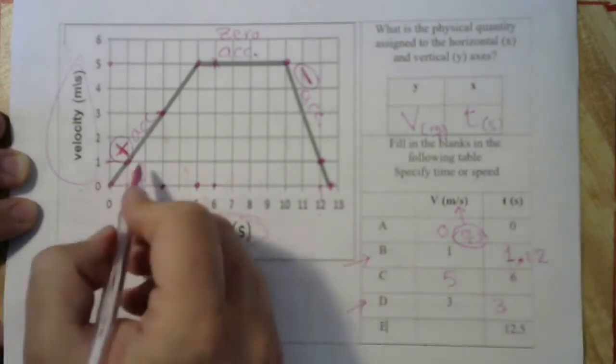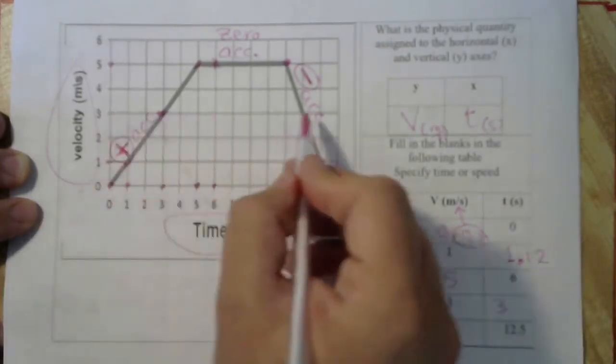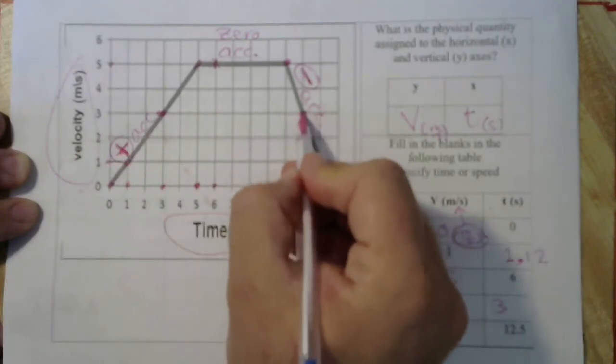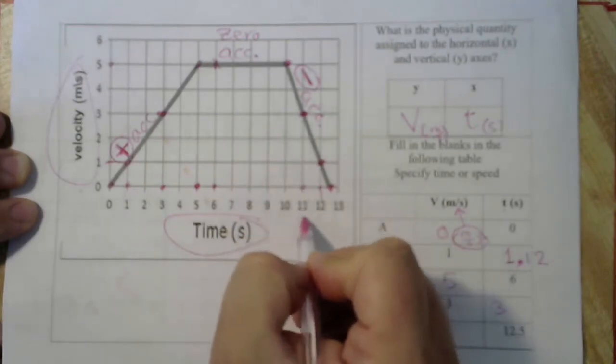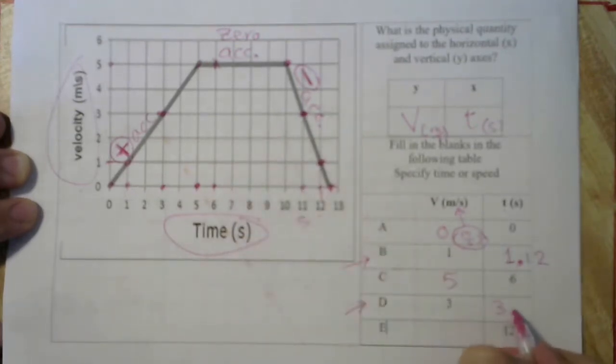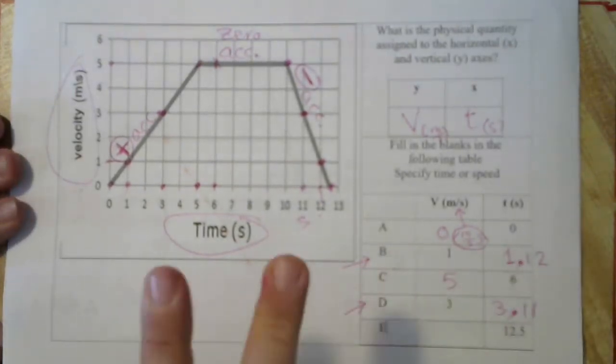Also at 3 meters per second, I have another time the body has that speed, at t equal 11. So the body has the same velocity twice.